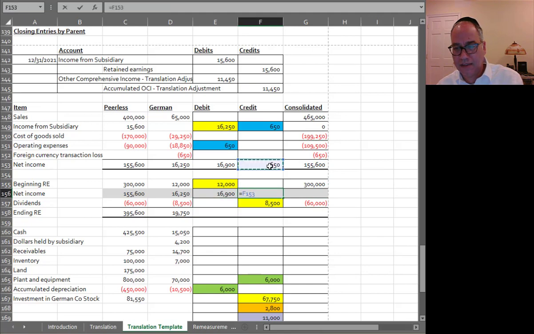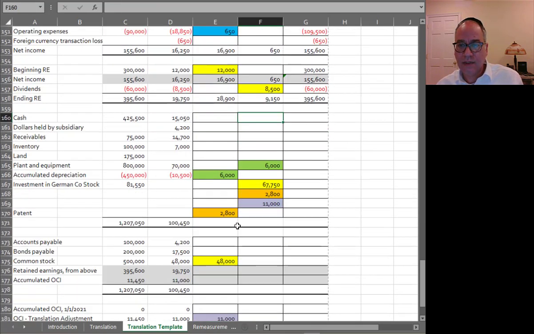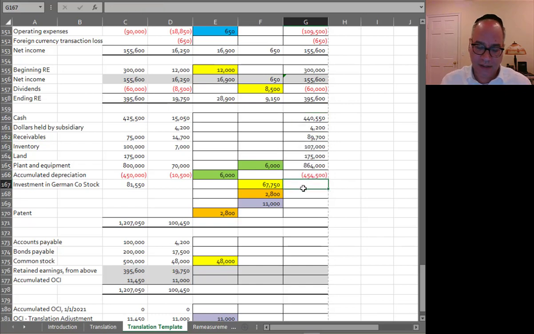Net income gets added down from here. And then for assets, it would be plus, plus, plus, minus, everything up to this. And then the investment account, I'm going to need to do individually, 81,150.